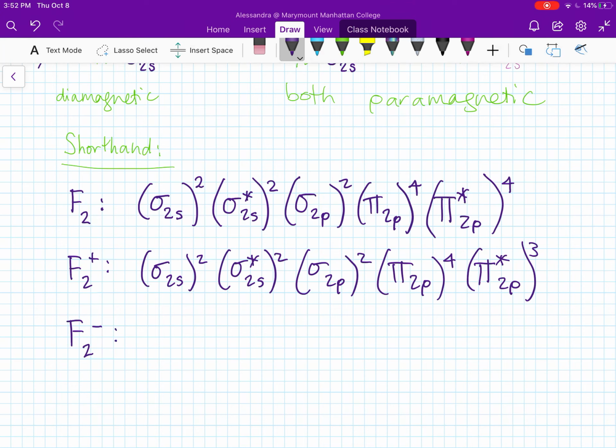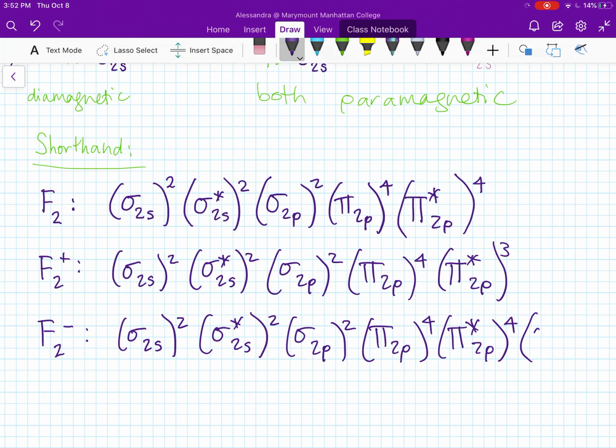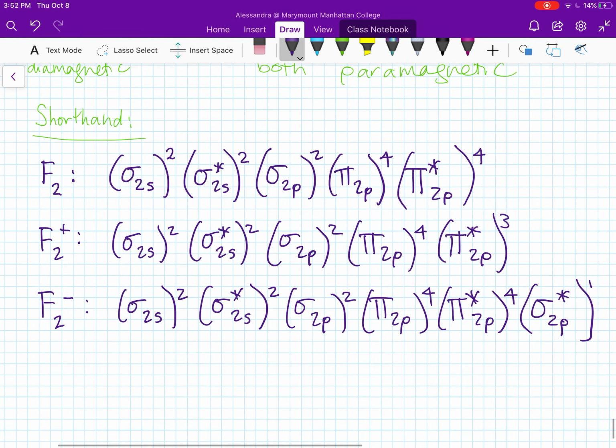Finally, the shorthand for the F2 minus anion would just be sigma 2s2, sigma star 2s2, sigma 2p2, pi 2p4, pi star 2p4, and now we need one more electron to give that negative charge on the ion. So that's going to go into sigma star 2p. So I just have one electron there. So these would be the electron configurations for all three of those species.